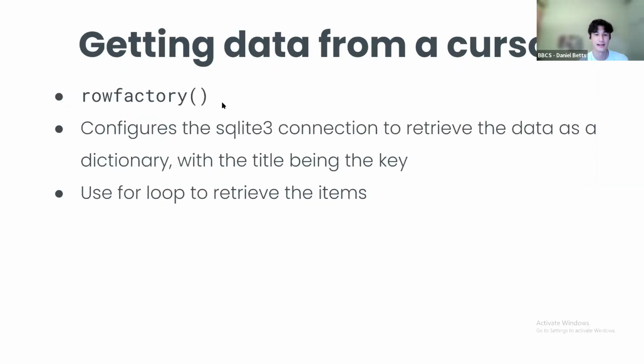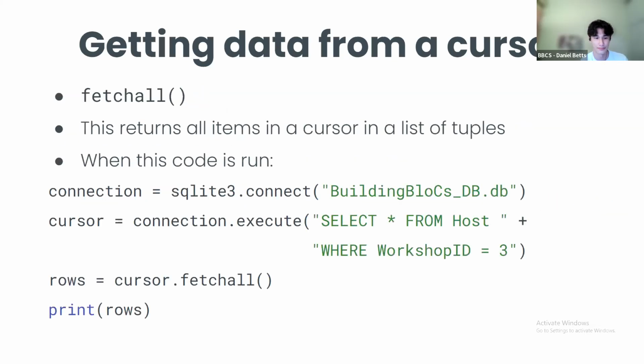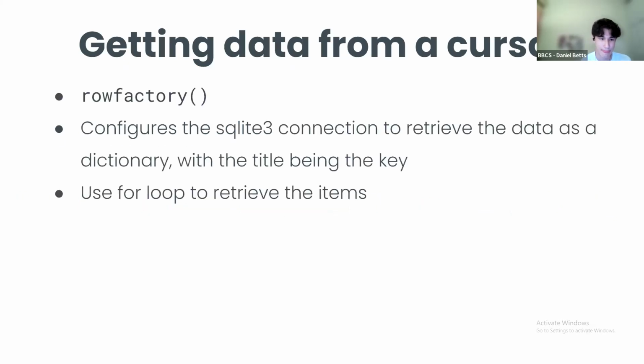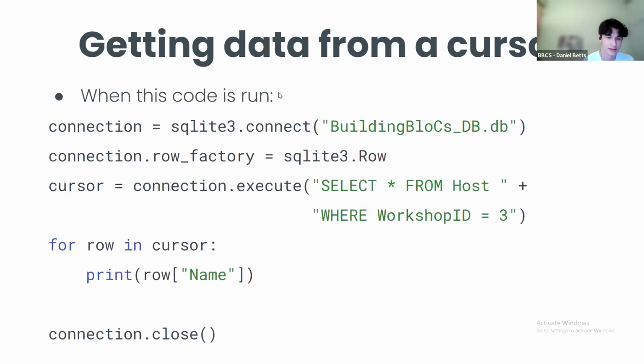Row factory configures the SQL connection to retrieve dictionaries. Just now, if I use fetchall, we get a list of tuples. But if you use fetchall here, you get an error because it's all dictionaries now. Row factory is quite complicated code, but it's the same every time you want to use it.